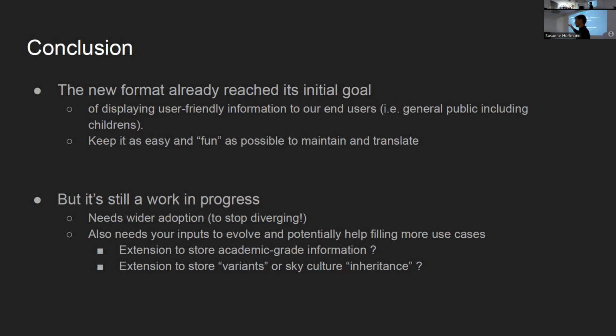So how to put this academic grade data inside this new file format, how to filter it to display what a user wants to see and especially not display what a user doesn't want to see. And how to manage variants or inheritance between sky cultures. It's something I'm going to work on in the next weeks, so it's really a good time to give me some input. That's it.